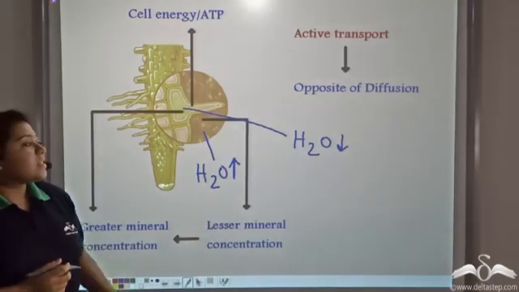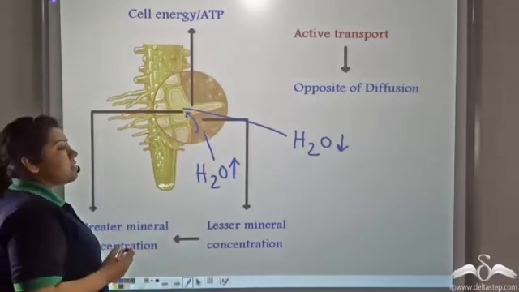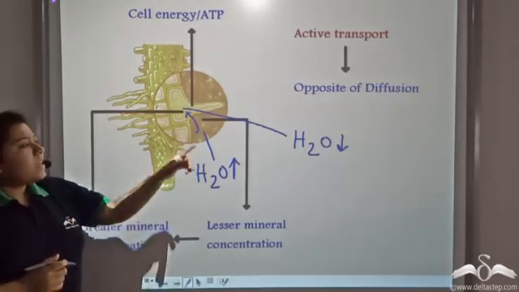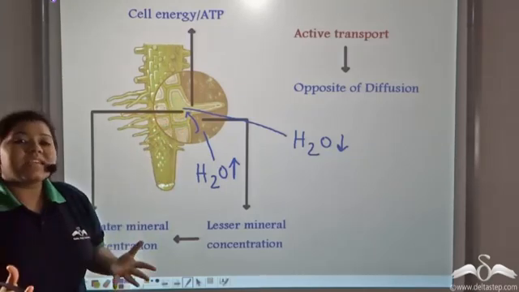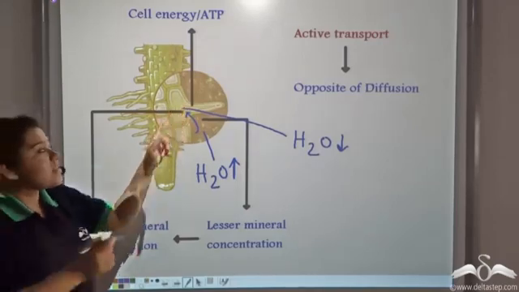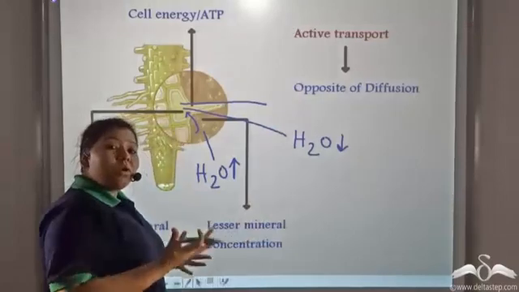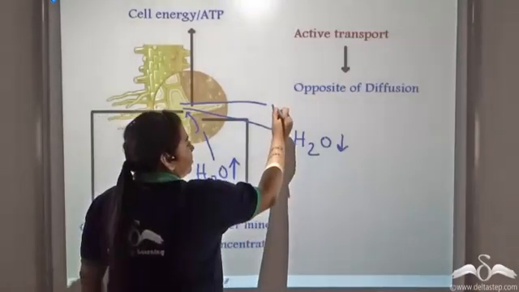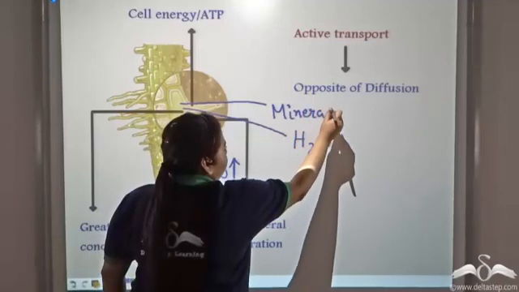So water passes from the soil to the root through osmosis. Now, why is less water present? Because of the increased concentration of minerals present in the root cells. So root cells have less water but a lot of minerals. So the mineral concentration is high.